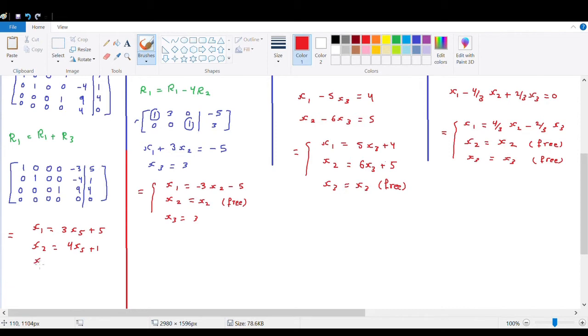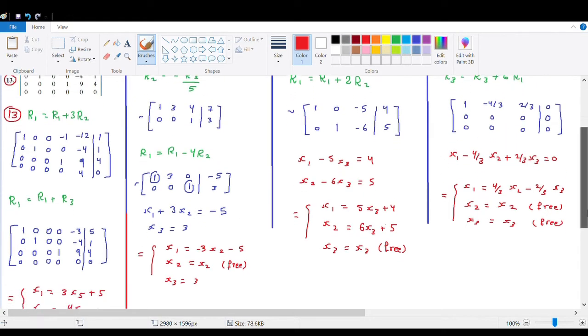For x3, there is no pivot, so that means x3 is a free variable. For x4, we have x4 is equal to minus 9x5 plus 4, and for x5, there is no pivot, that means it is a free variable, so x5 is equal to x5 which is free. So this is the general solution for the matrix in exercise number 13.